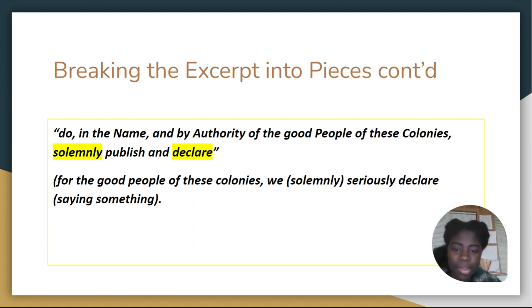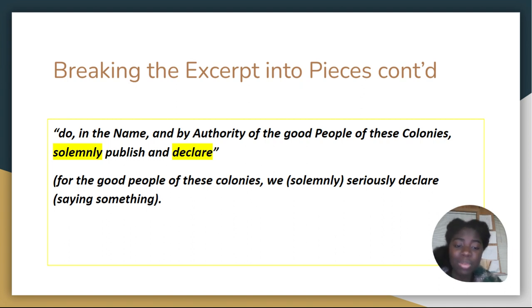So, "do in the name and by the authority of the good people of these colonies solemnly publish and declare." So, solemnly means seriously. If I'm solemn about something, it means I'm serious. If I declare, it means I'm making a statement. I'm saying something out of my mouth, or maybe it's written, but I'm making a statement that needs to be heard.